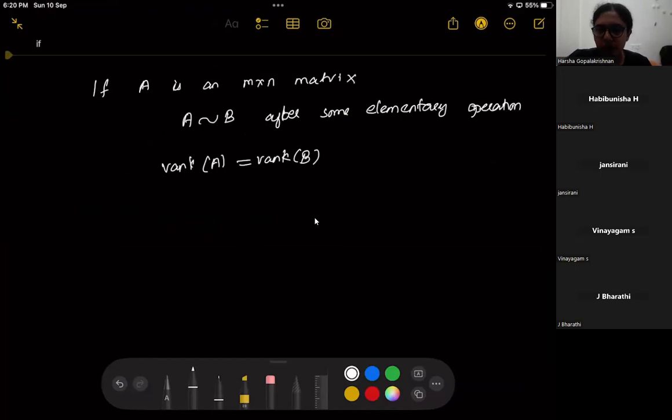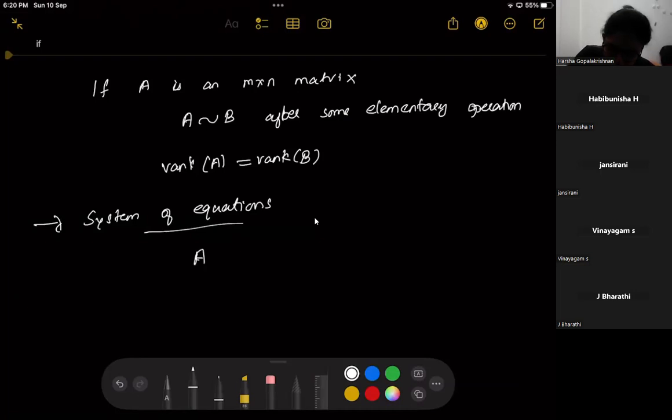Now, we know the system of equations. Usually any system of equations, we can write as Ax equal to B, where A is an m by n matrix and x will be an n by 1 column.